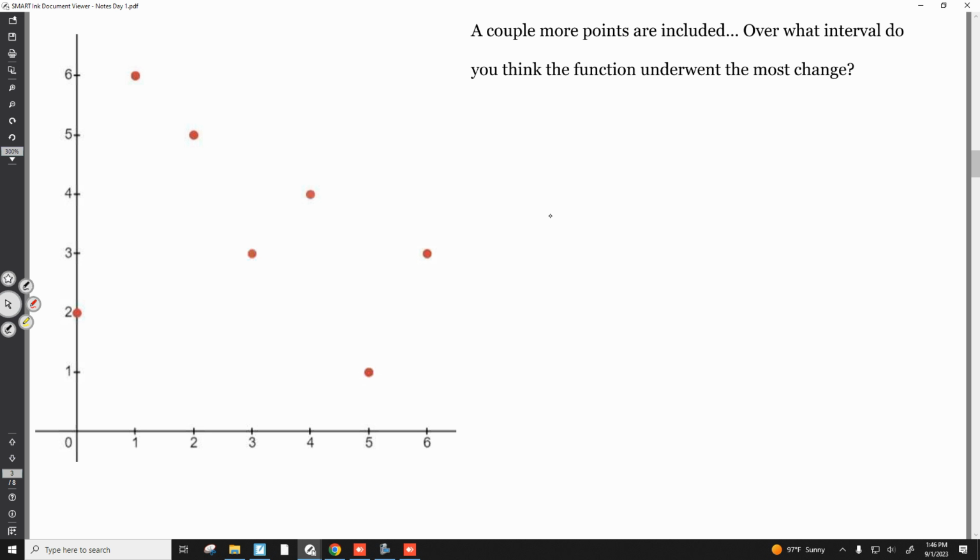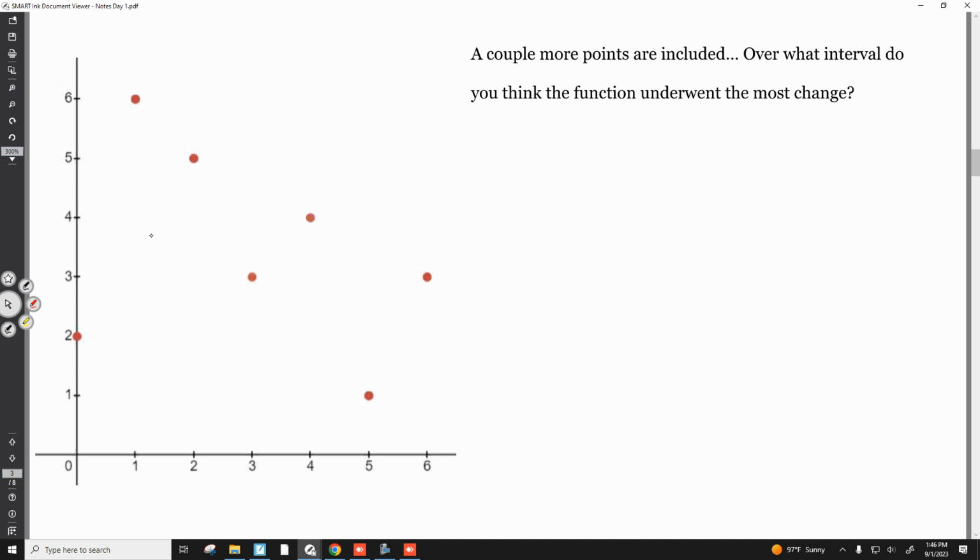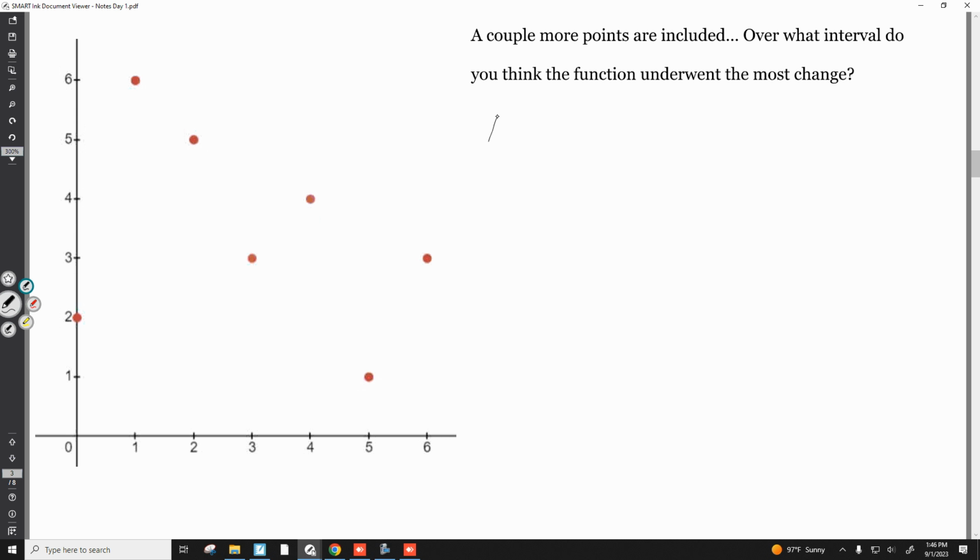Do me a favor. Find the average rate of change of this function from 0 to 1. Now, your neighbors, what are you doing? Don't figure it out yourselves.